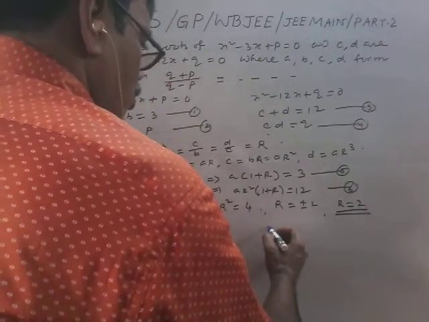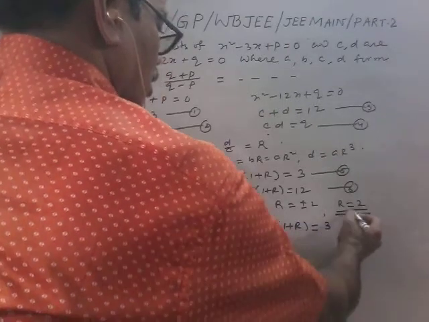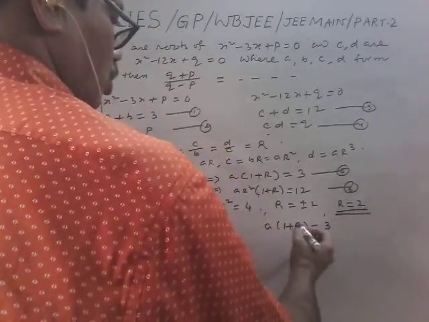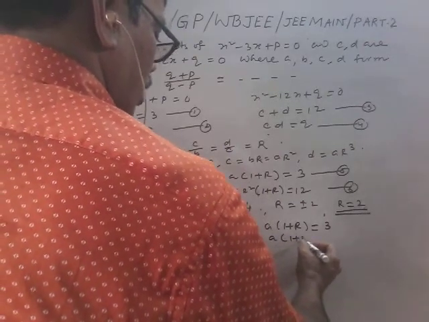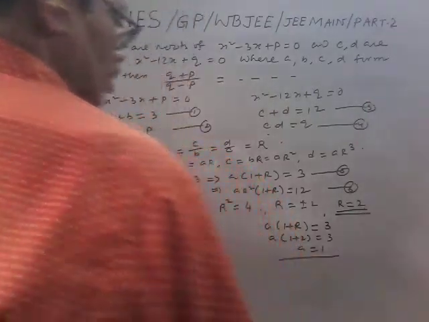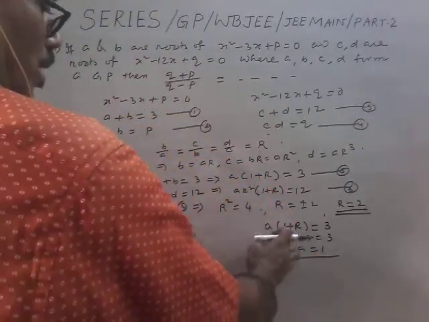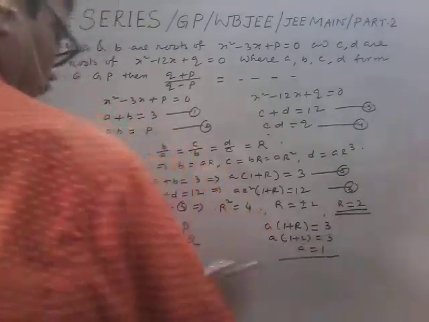So a into 1 plus r equals 3. What is r? r equals 2. So a into 1 plus 2 equals 3, so a equals 1. So we get r, we get a.